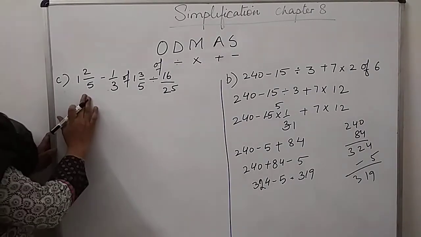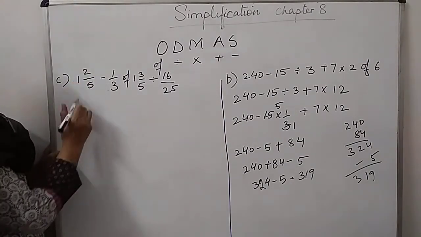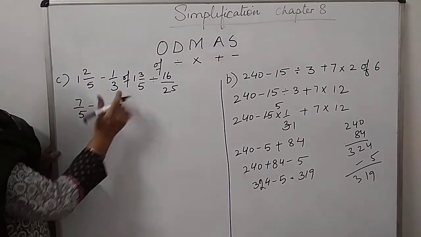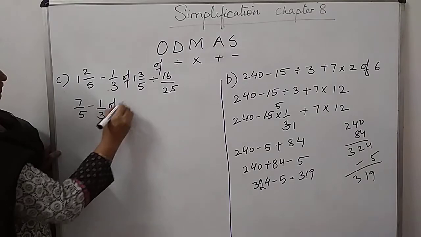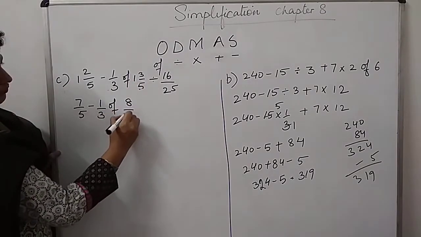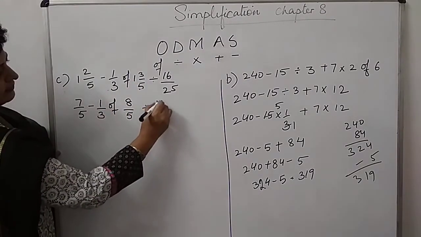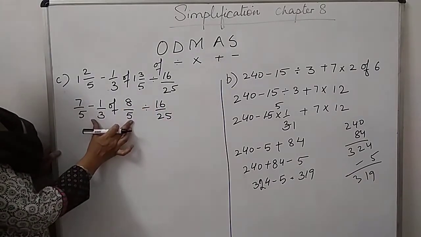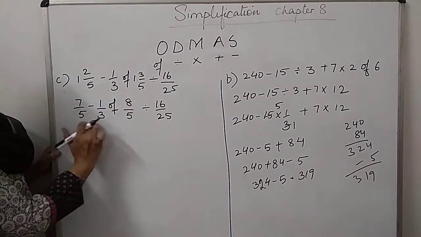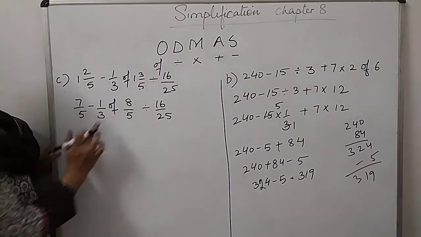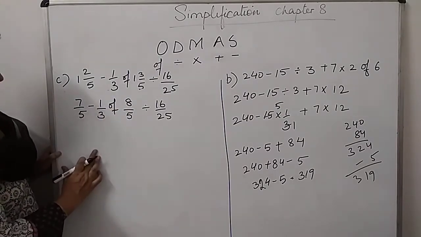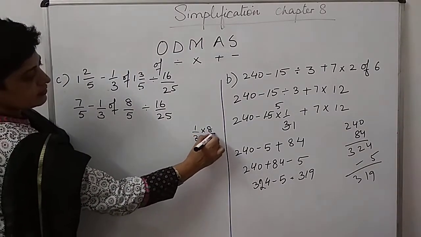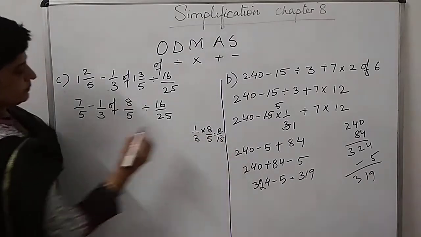First of all, we convert it into improper fractions. 7 by 5 minus 1 by 3 of 8 by 5 divided by 16 by 25. Now first we will be solving this. Since there is no common factor, we will be multiplying numerator with numerator and denominator with denominator. You can even solve it on one side and find out the answer.